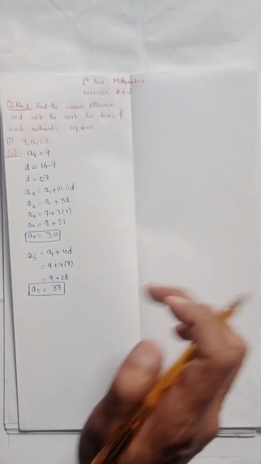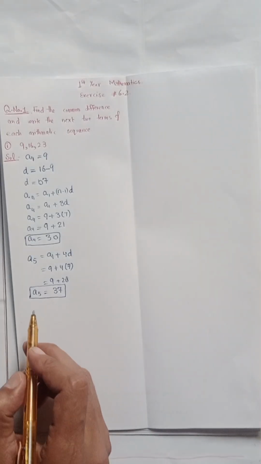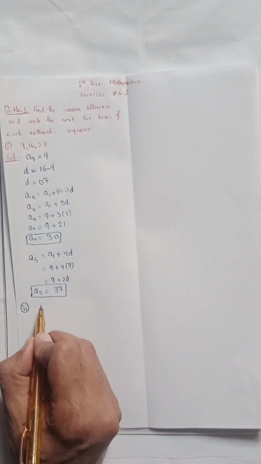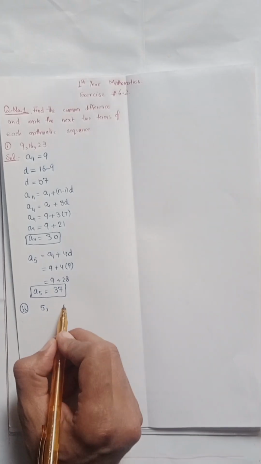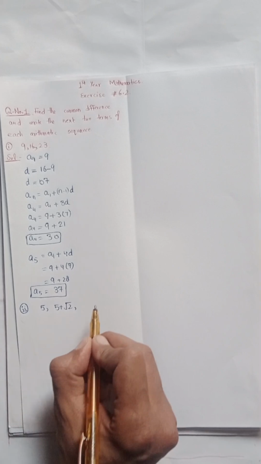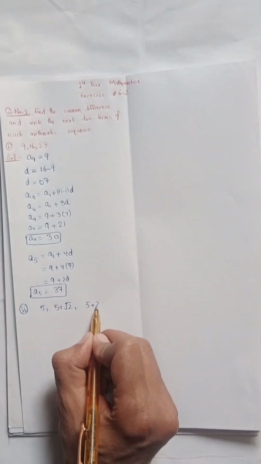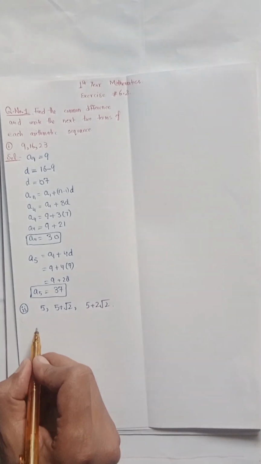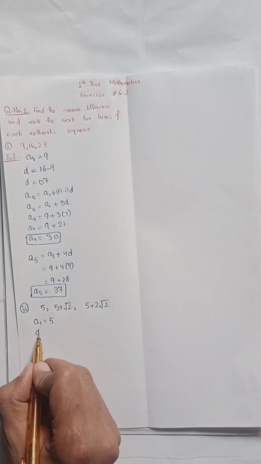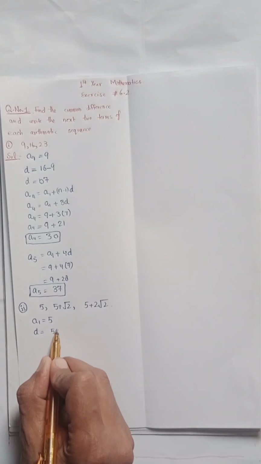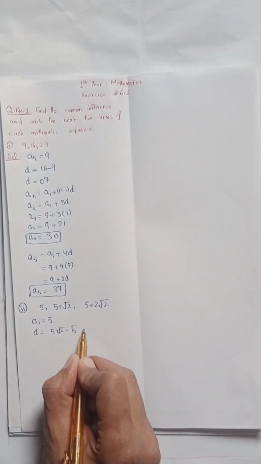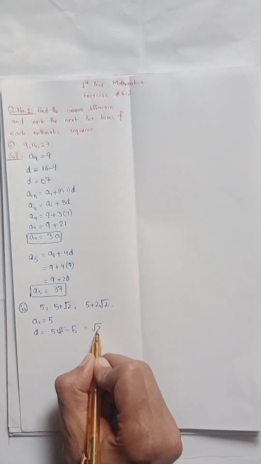This is our required two terms. In the second part, the arithmetic sequence is 5, 5 plus root 2, 5 plus 2 root 2. Here a1 equals 5 and d is 5 plus root 2 minus 5, that equals root 2.